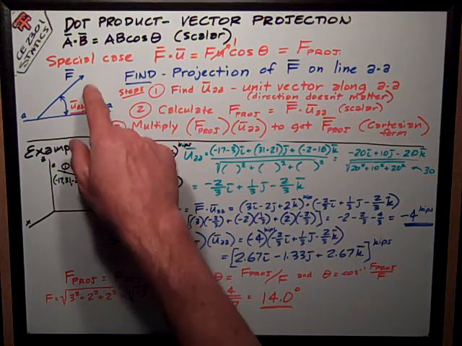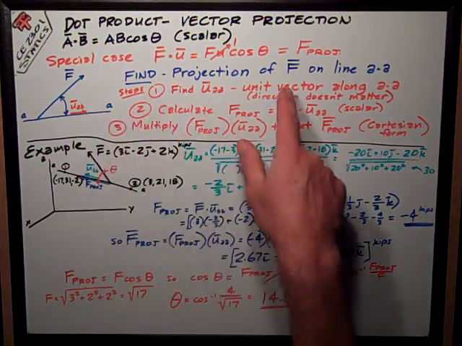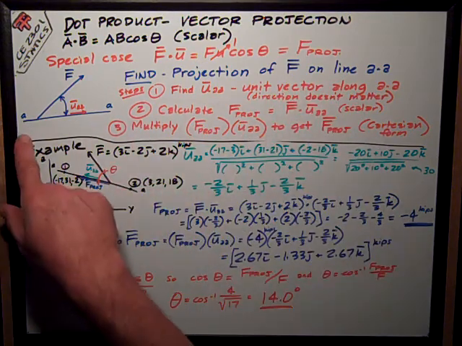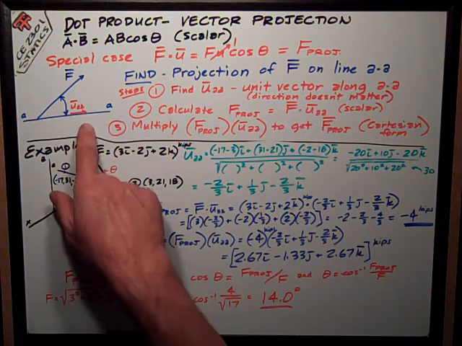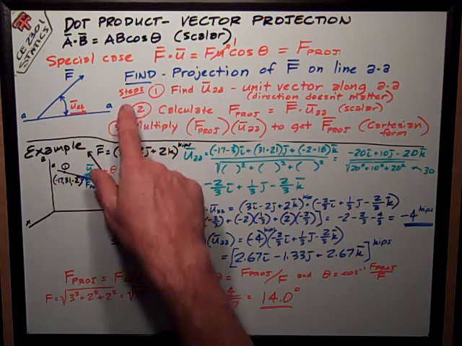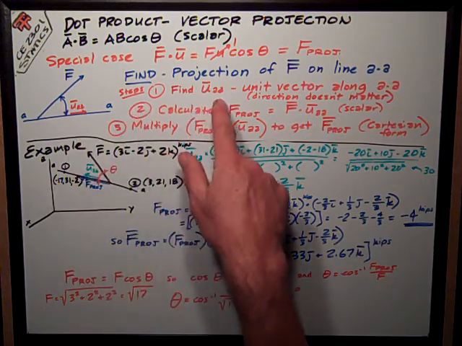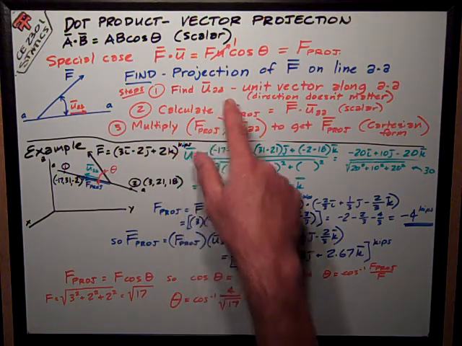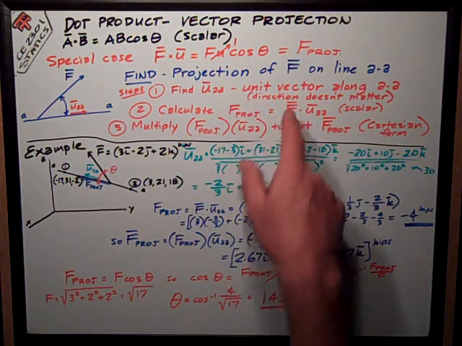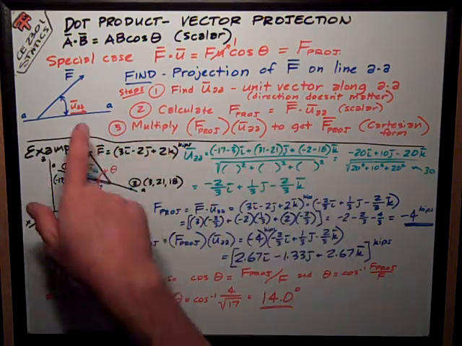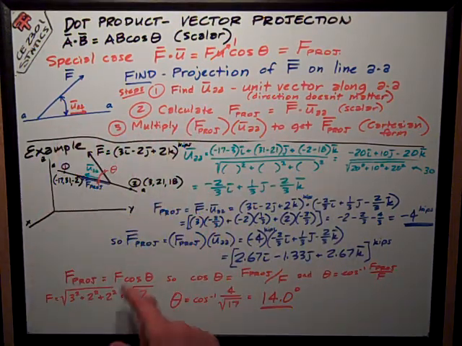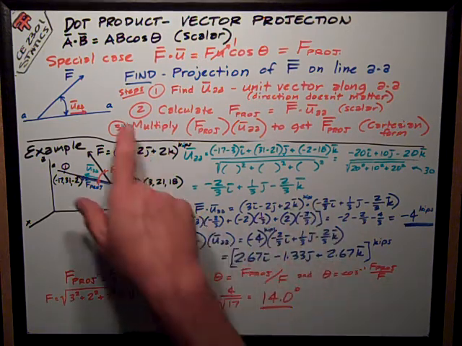So, as a general example, if we want to find the projection of vector F on line AA, we'll define it down here in an example. The steps are to find a unit vector in the direction of AA. The direction I can assume either to the right or to the left in this case. It doesn't matter, it'll all come out in the wash.